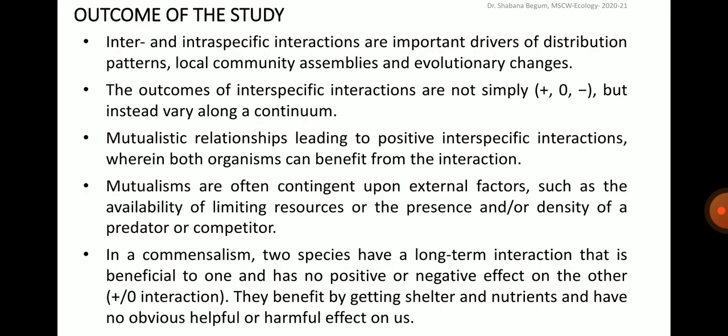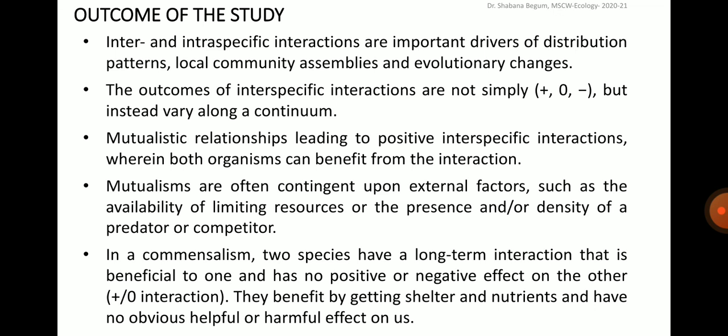So finally, the outcome of the study. Here the inter and intraspecific interactions are important drivers of distribution patterns, local community assemblies and evolutionary changes. The outcomes of interspecific interactions are not simply plus, 0 or minus, but instead vary along a continuum.